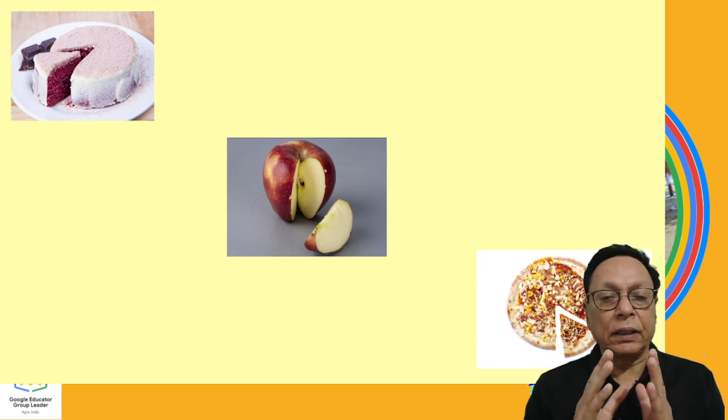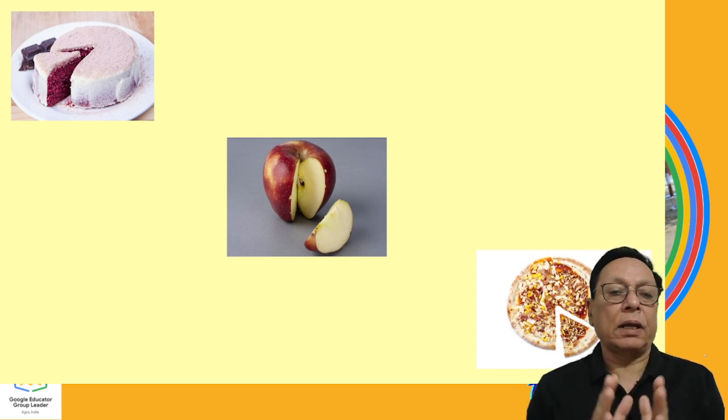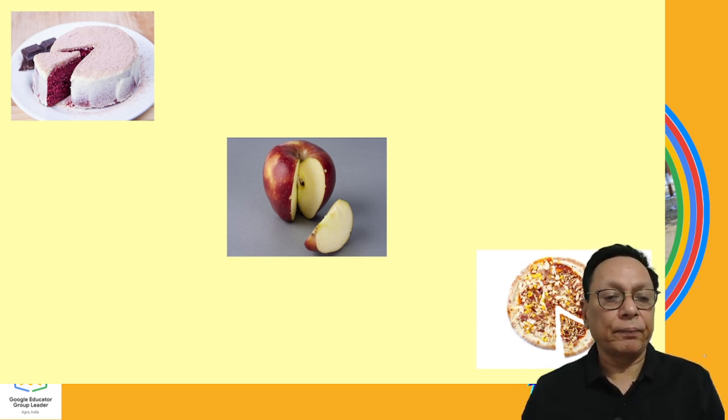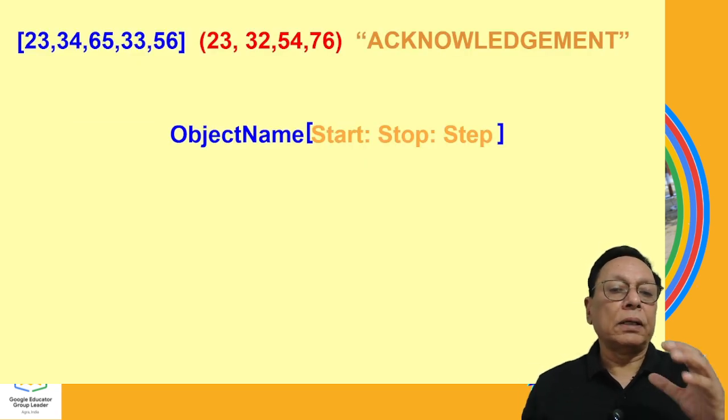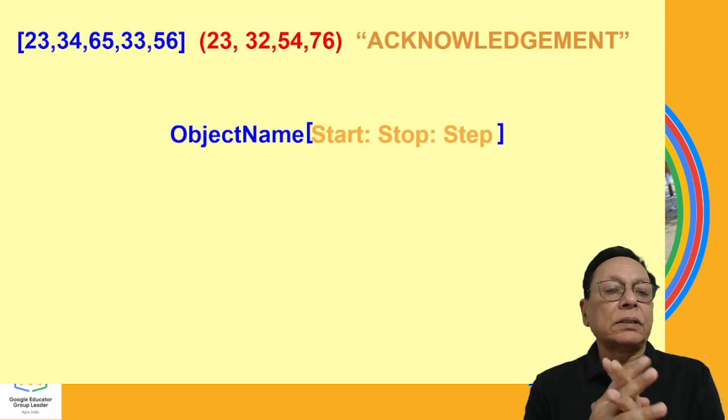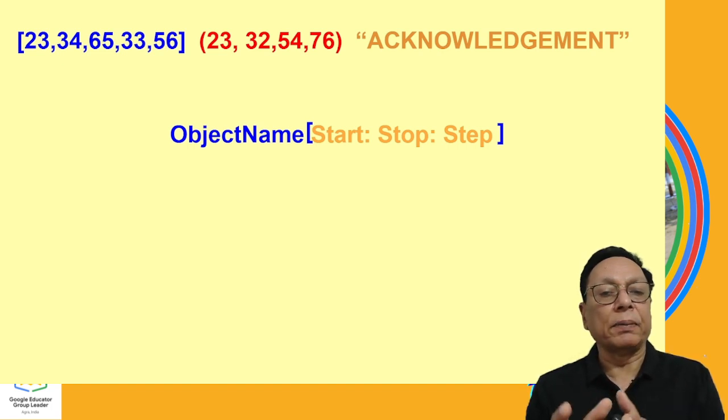So I have taken a list, and on that list I'll demonstrate slicing. Suppose there's a list, say 23, 34, 65, 33, 56, and same. The first one is the list, the second one is the tuple, and the third one is the string.